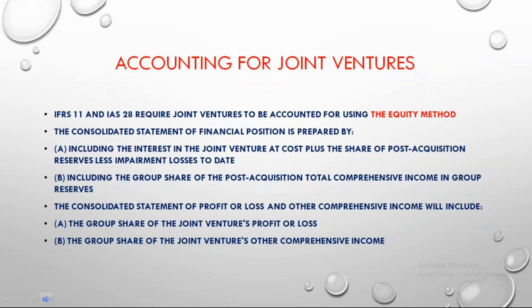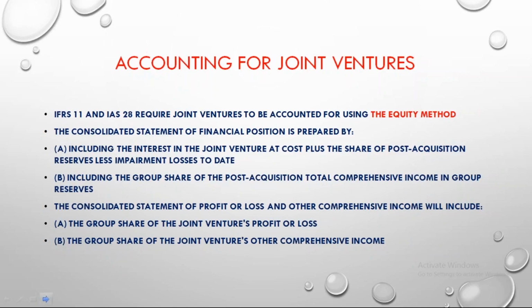For joint ventures, the relevant standards are IFRS 11 and IAS 28. You remember IAS 28 is the standard for accounting for associate investments. Remember there are two accounting methods for where we invest: one is consolidation, the acquisition accounting, and the other is the equity method.